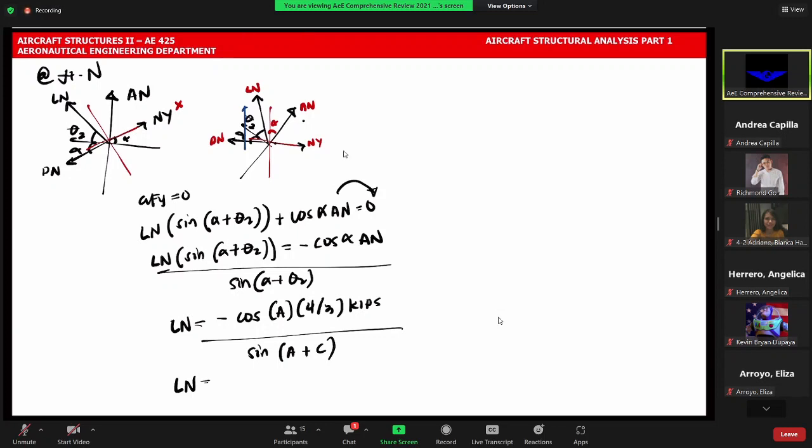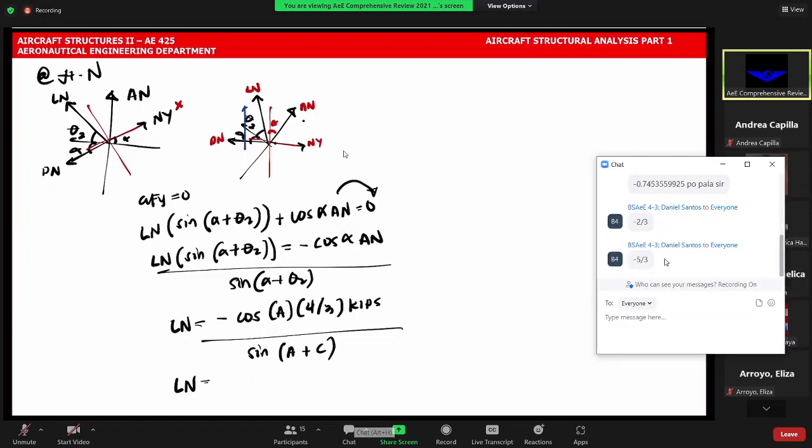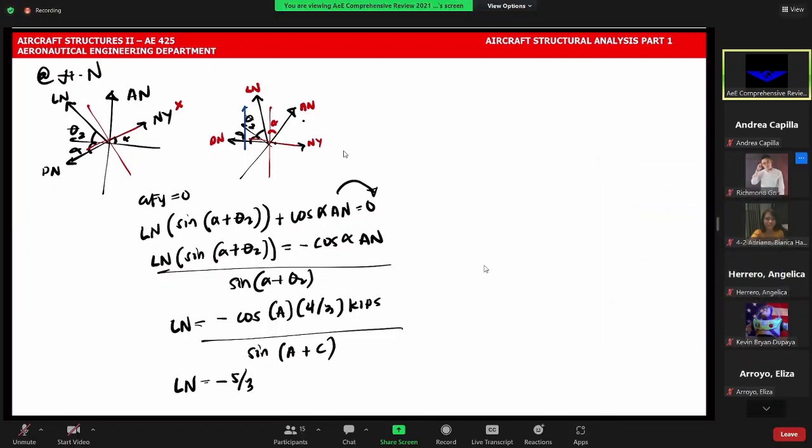Sa iba, tama ba na negative 5/3? Okay, so that is negative 5/3. May sumagot na, dalawa. That is 5/3 kips and assumed tension.